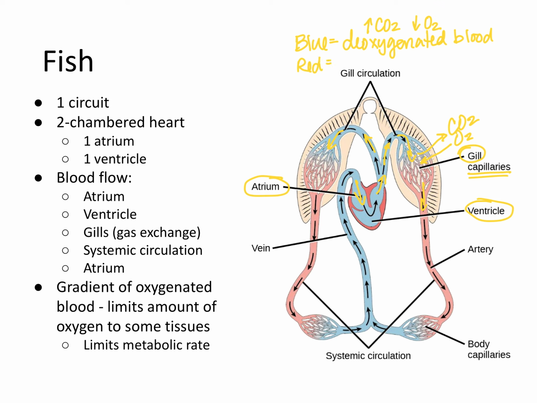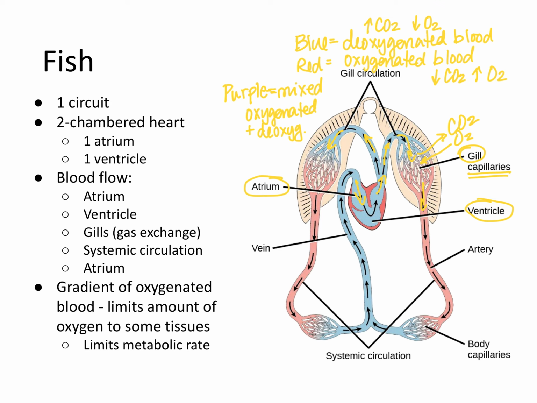And red is used to represent oxygenated blood, which has lower carbon dioxide and higher oxygen. And then purple is used sometimes to represent mixed blood. And by mixed blood, I mean mixed oxygenated plus deoxygenated.